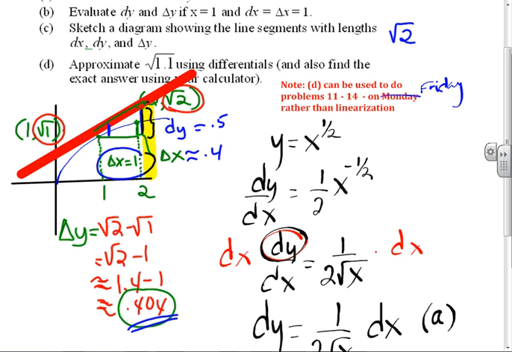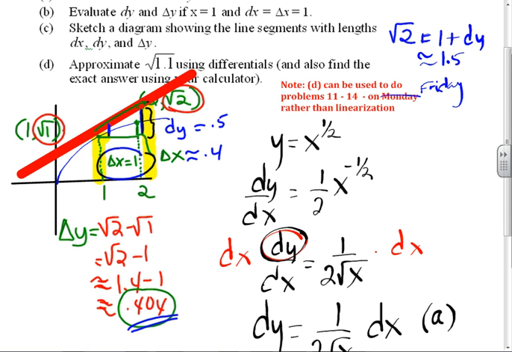Okay, what's this height right here? We see geometry now. This length is 1, right? And then you have to add in, so it's equal to 1 plus, and we want to approximate it. I mean, I know it's 0.404, but it's plus this little dy. So it's approximately 1.5. So that's a pretty good estimation, but it's too big.